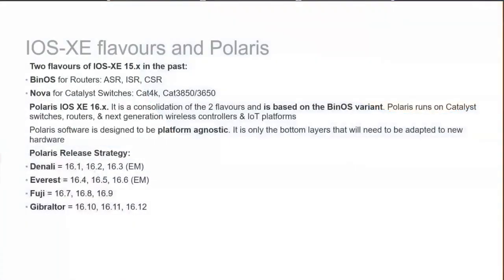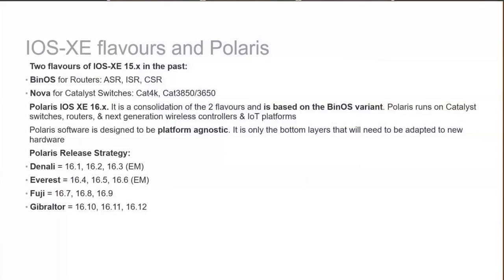So how has iOS XE evolved over the years? Initially we had 15.x releases of the iOS, which was named as BinOS, and it was only for ASR, ISR, and CSR devices.